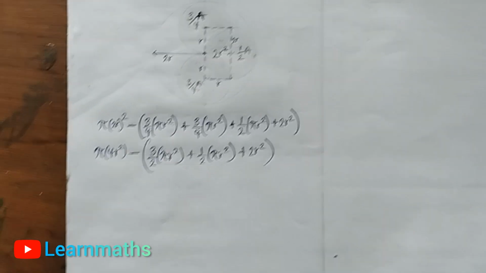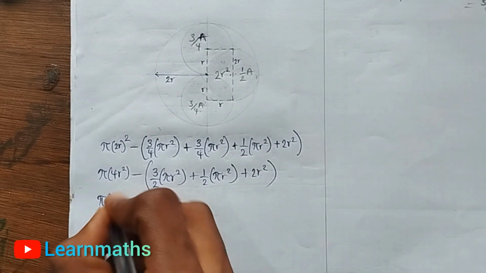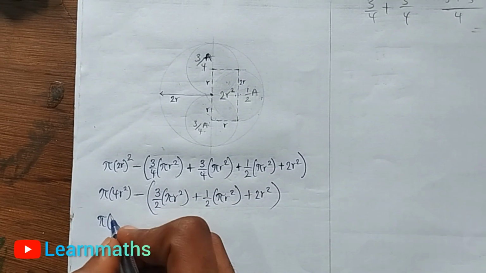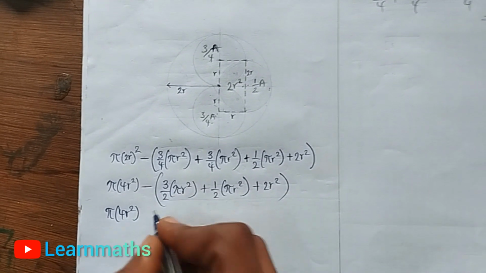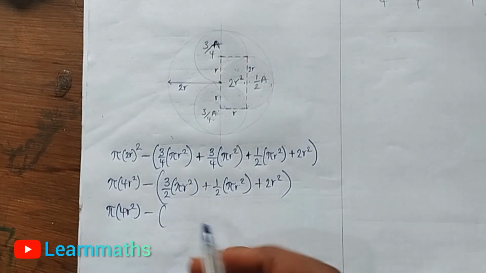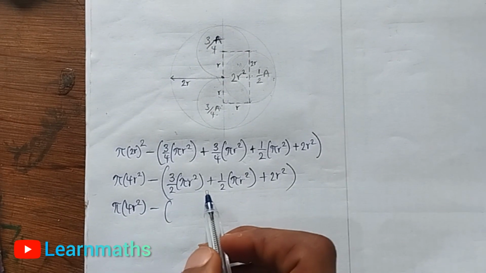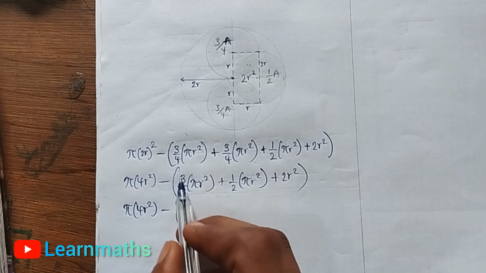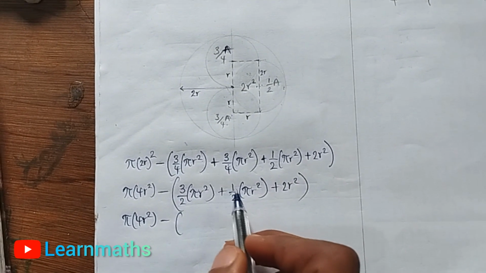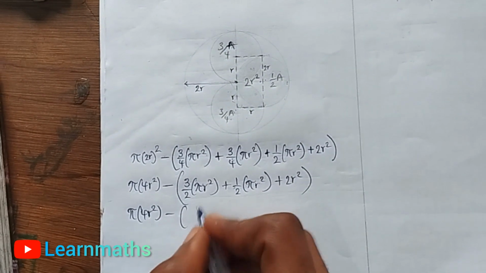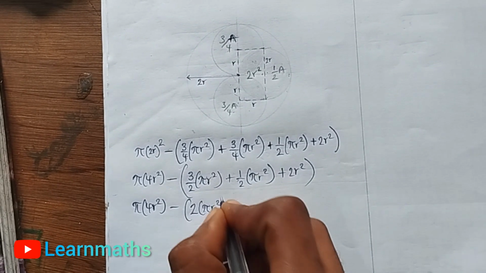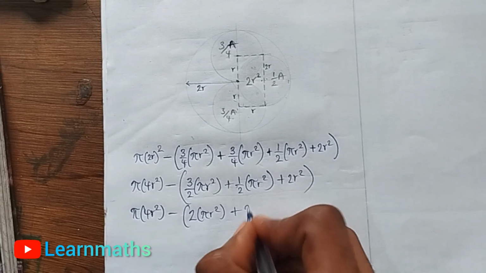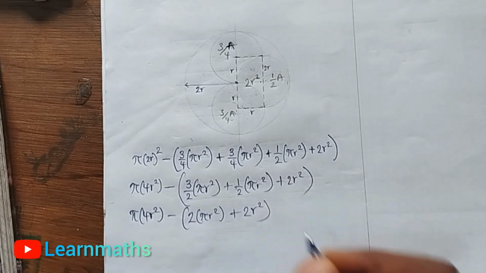All right, so pi, there's no need to include this bracket here, but since I've already written that down, minus, what do we have in the bracket? Now this is 3 over 2 plus this. 3 over 2, that's 1.5, then this 0.5, that's going to be 2, right? So we're going to have a total of 2 pi r squared plus 2 r squared, right?